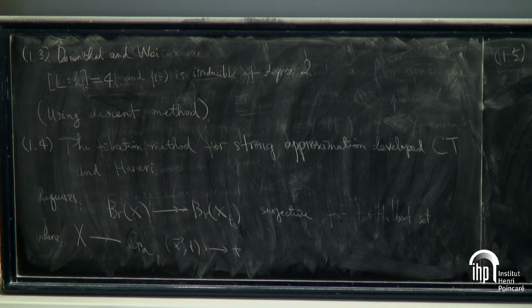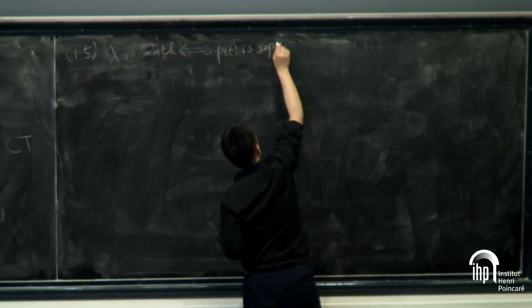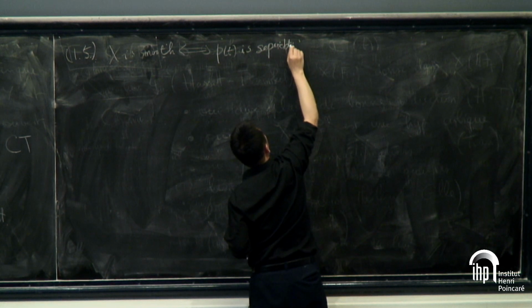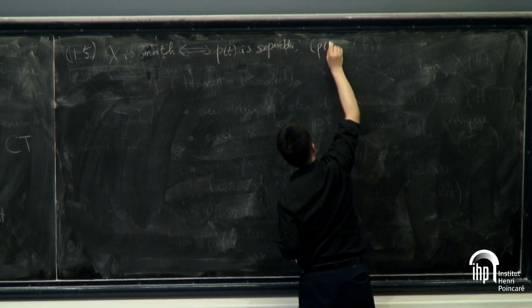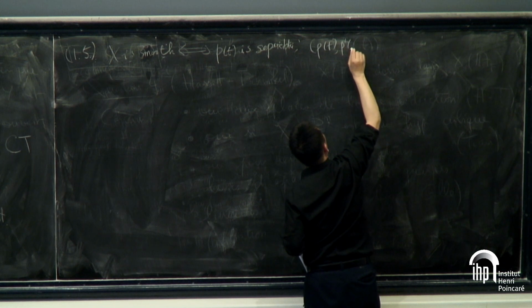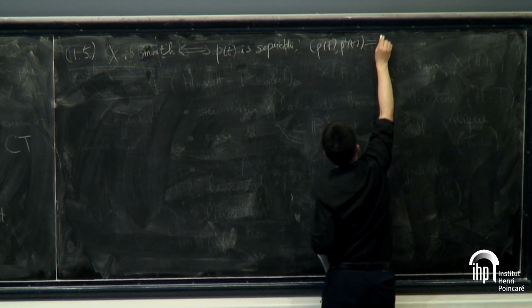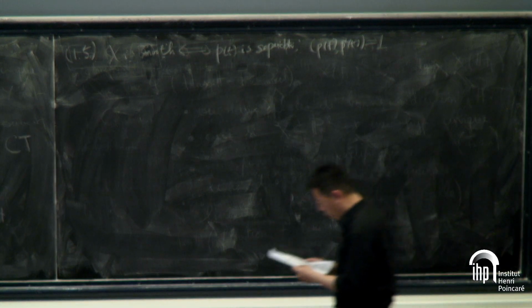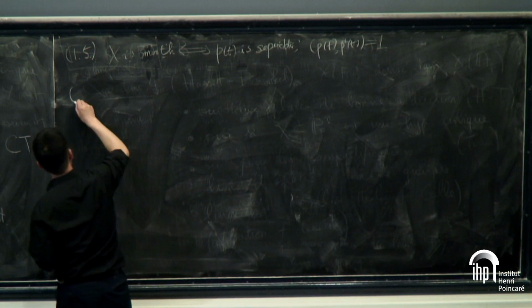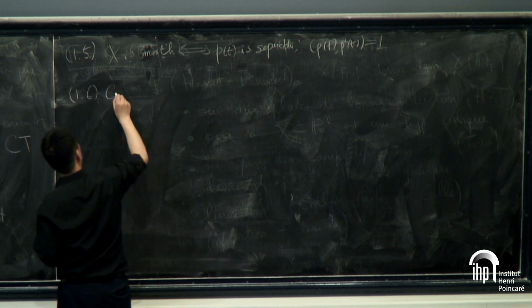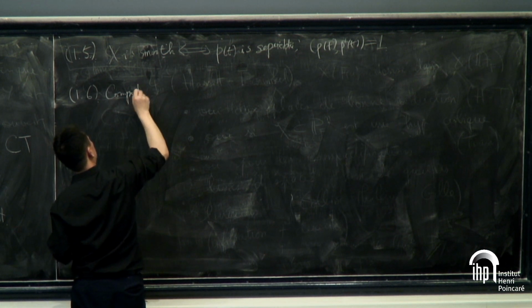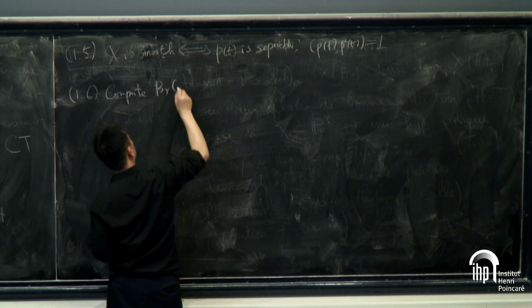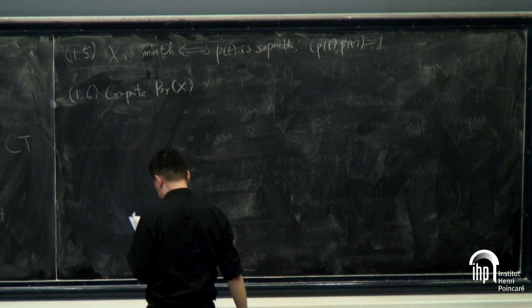Actually, in our situation, this is equivalent to saying this P_T is separable, that is, P_T has no multiple factors, the derivative is coprime. And in this situation, you can compute this Brauer group of X.